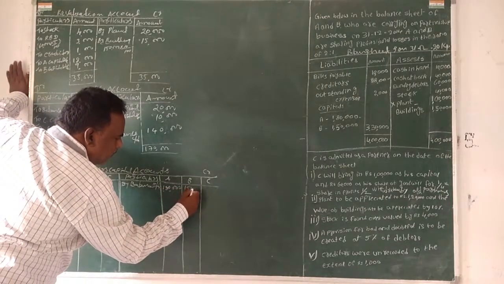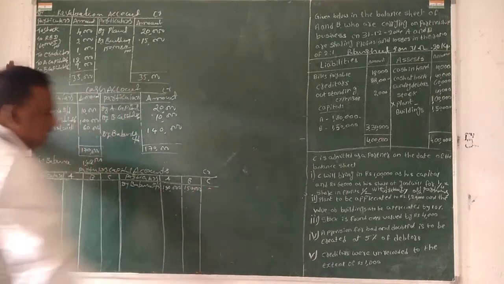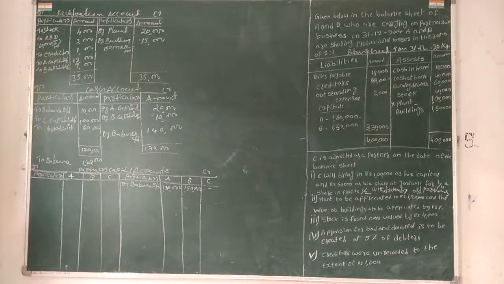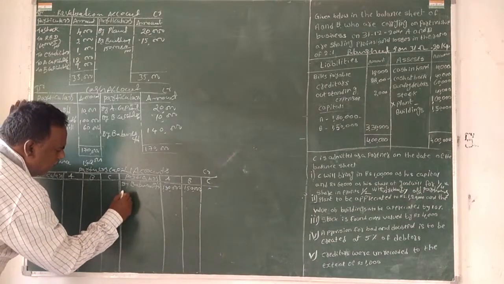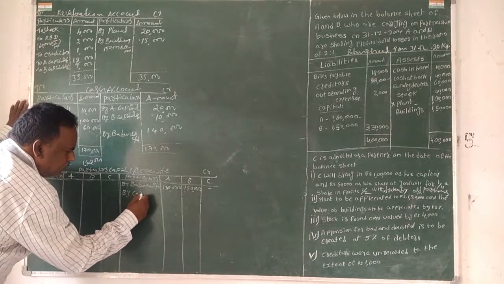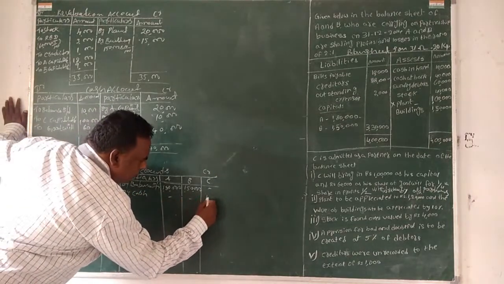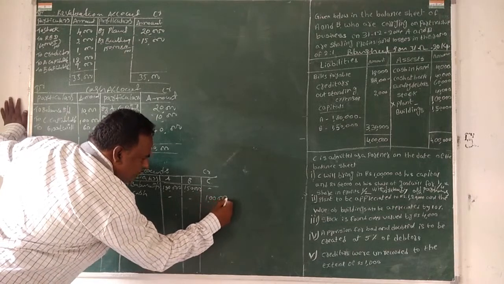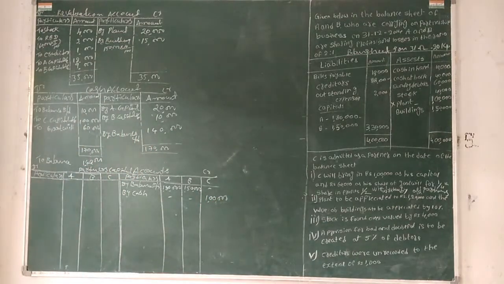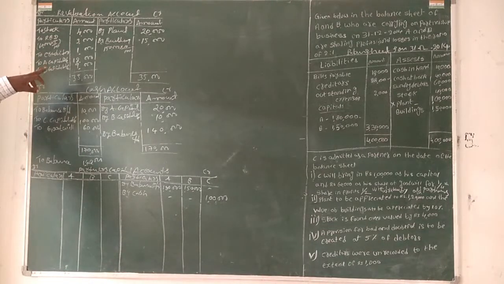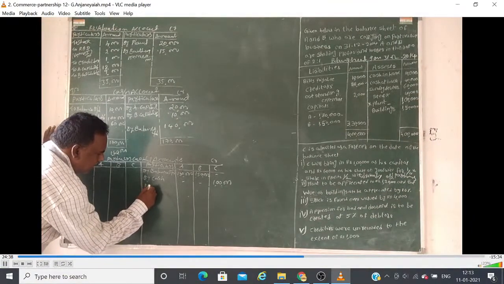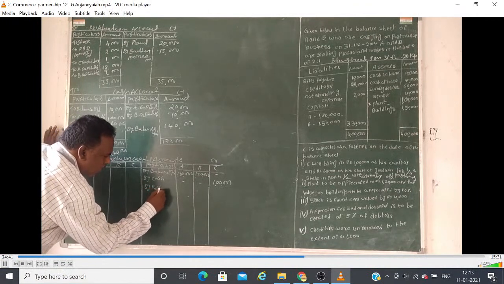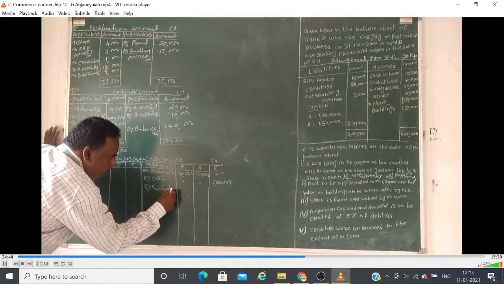Then goodwill amount, 30,000 brought by C. So by goodwill, share of A 40,000, B share 20,000, no share to C. A's share amount would be 40,000, in which half has been withdrawn by the old partner.